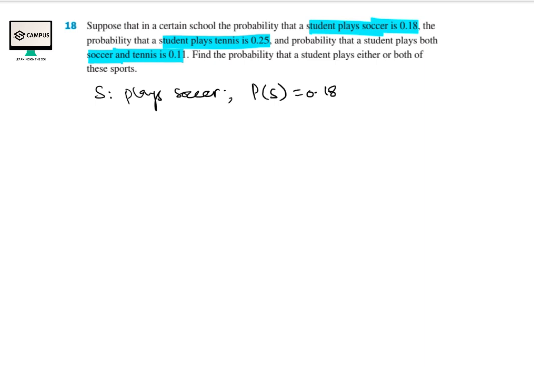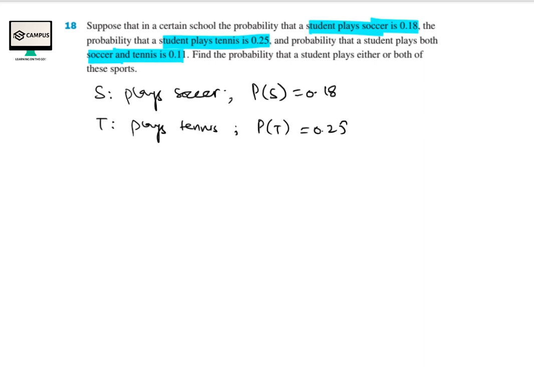Secondly, we also know the probability that a student plays tennis, so let's call that event T. And we also know its probability, 0.25. Further, we know the probability that a student plays both soccer and tennis. Now that's basically the intersection of the two events, right?